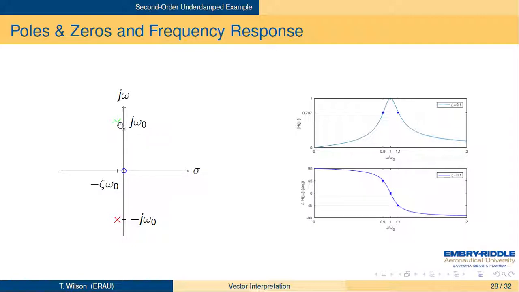So as that changes from minus 45 degrees to plus 45 degrees, the angle changes from plus 45 degrees to minus 45 degrees. And then as you get into really big frequencies where all three vectors have angle of 90 degrees, you get a net angle of minus 90 degrees, because you got 2 in the denominator and 1 in the numerator.